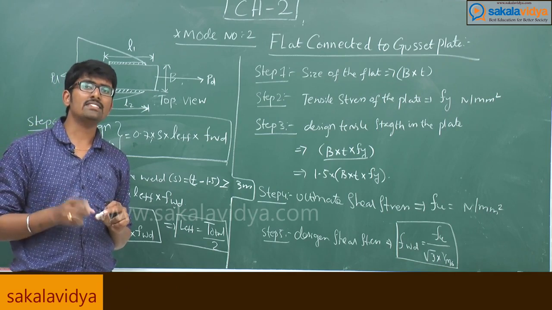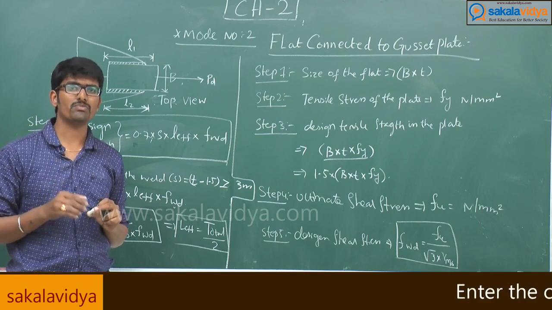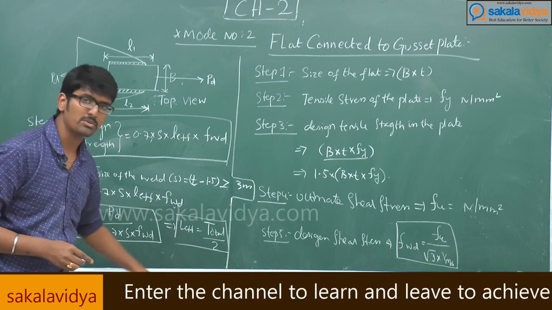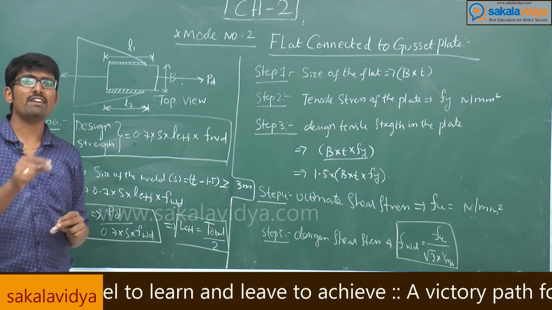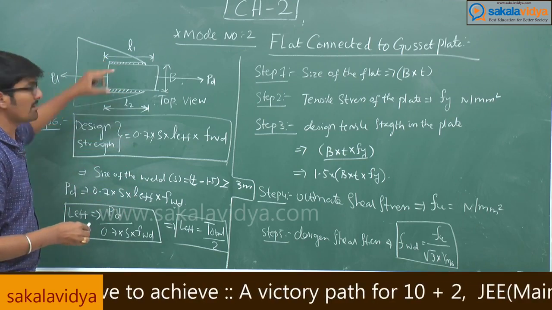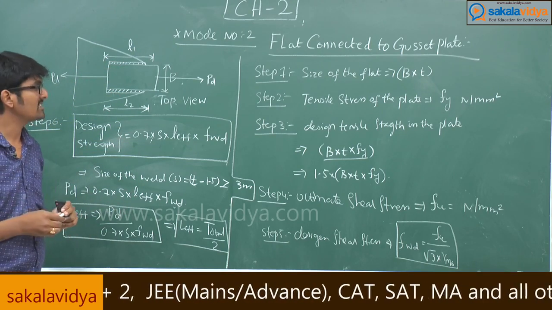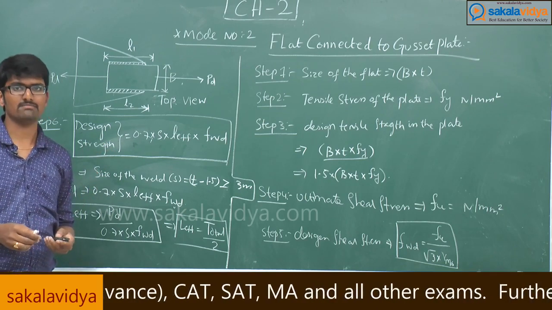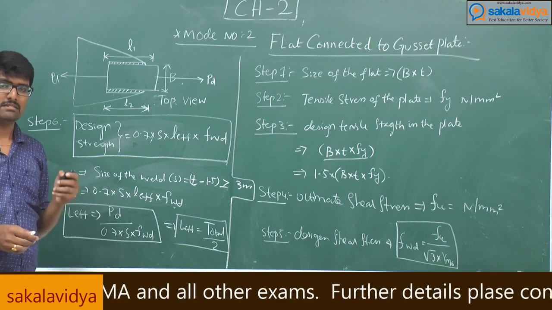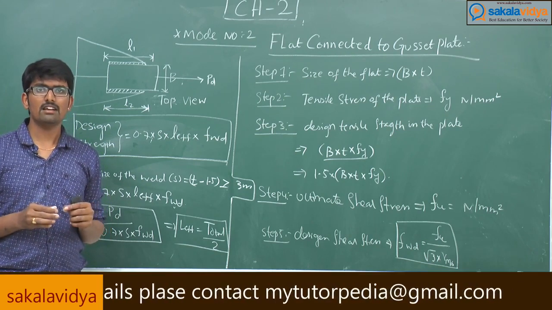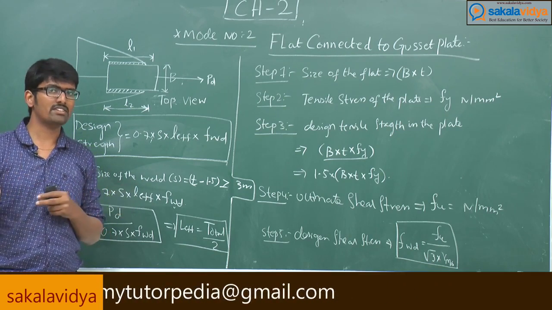In order to find the single one, we must divide by 2. So L effective is equal to total L effective by 2. That is the length of each weld done on both sides of the flat plate. This is a very important question for your exam. This model is different from your previous model. This method is completely different from your previous model.